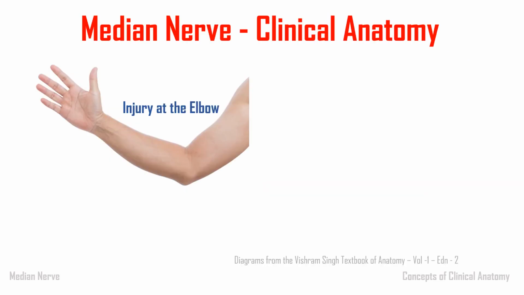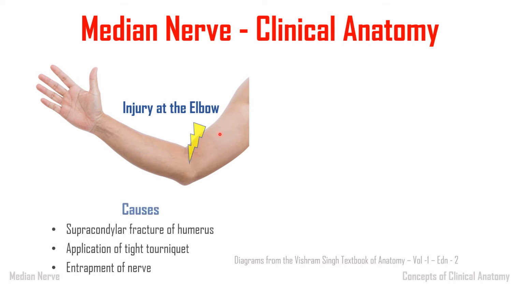Moving to the clinical anatomy of the median nerve, we'll start with injury at the level of the elbow. Even if the median nerve is injured above the level of the elbow, the deformity will be the same because it doesn't give any branches in the axilla or in the arm. Injury at the level of the elbow is most commonly due to supracondylar fracture of the humerus and tight application of a tourniquet at the level of the arm.